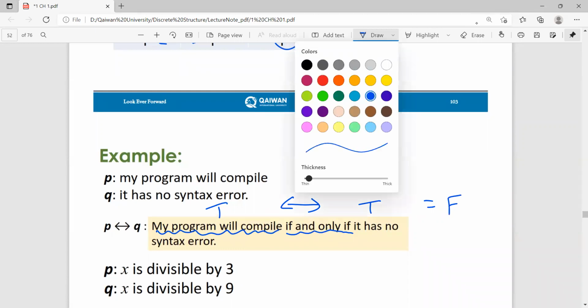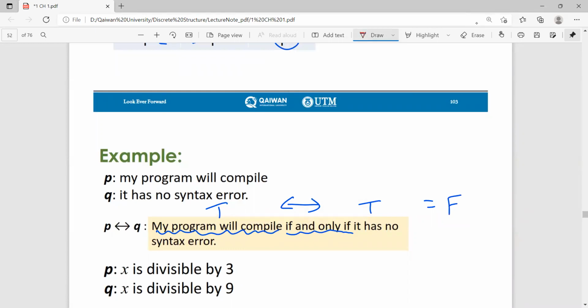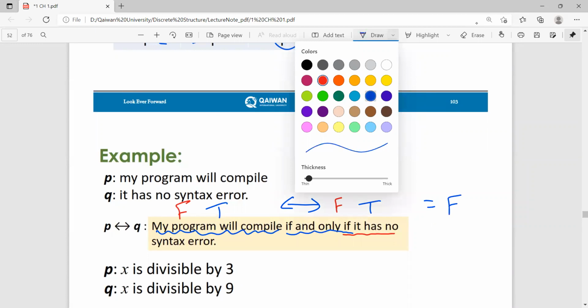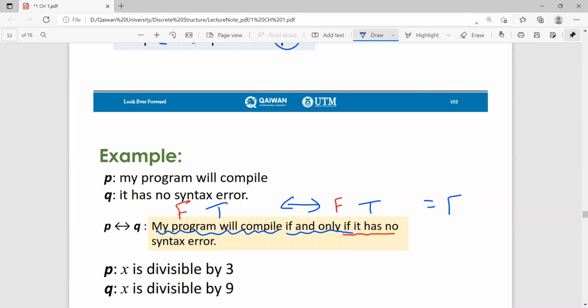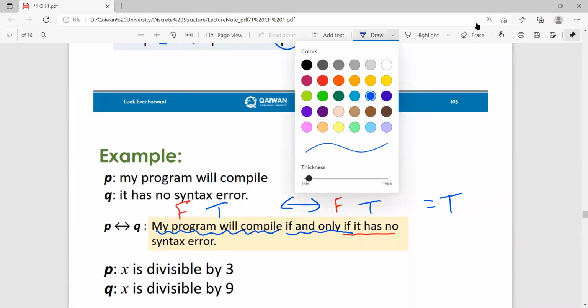Okay, let me use another color. If this is false, how about this one? Of course, it has a syntax error. So it's true, the result. The result for the first one is true. True if and only if true is true.